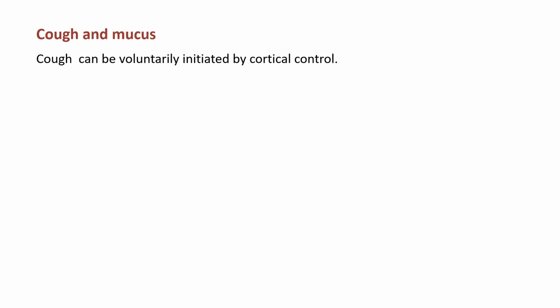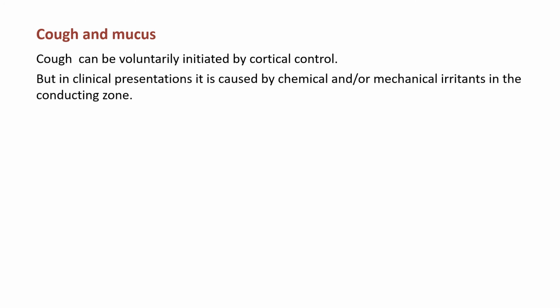So it can be voluntarily initiated by cortical control. But in terms of clinical presentations, it's caused by mechanical or chemical irritants within the conducting zone, within the larger airways.